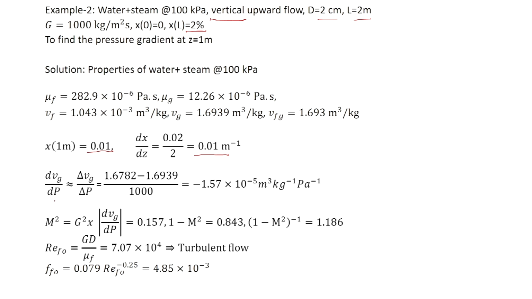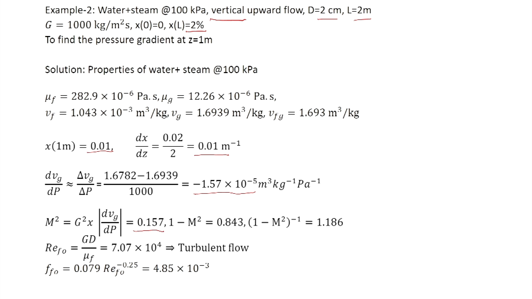Now, we calculate dVg by dP, which is the same as before. It is minus 1.57 into 10 raised to minus 5 SI units, and m square is equal to G square x dVg by dP, and this is equal to 0.157.